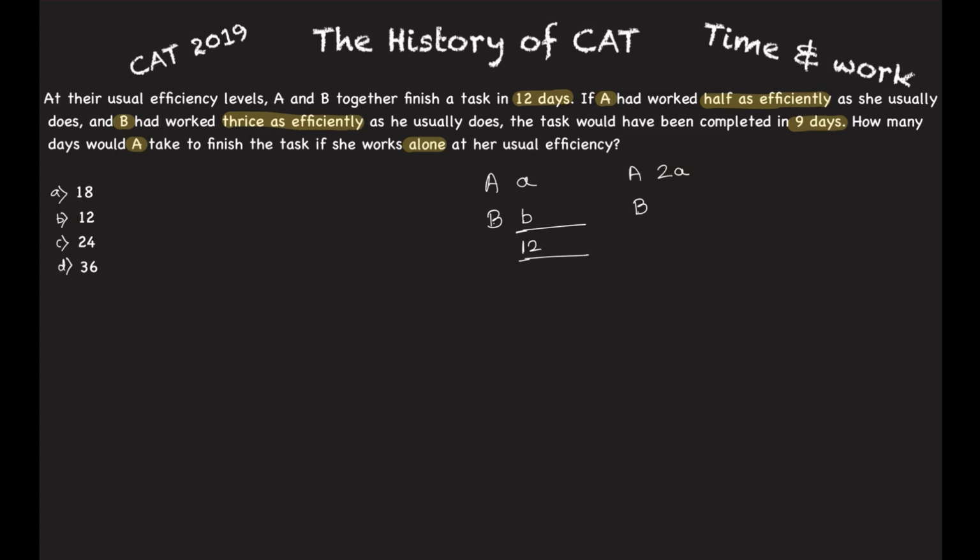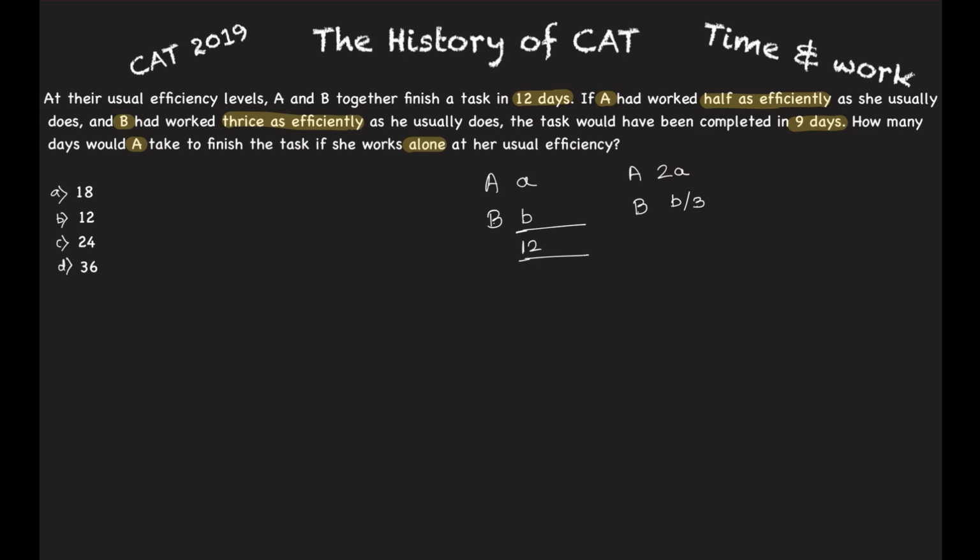If he did it in 1 day, he'll now take 2 days. And B works thrice as efficiently, so if he takes B days, he'll now take B by 3 days. If he takes 30 days, he'll take 10 days. That's how the comparison works, and that's what you have to understand.